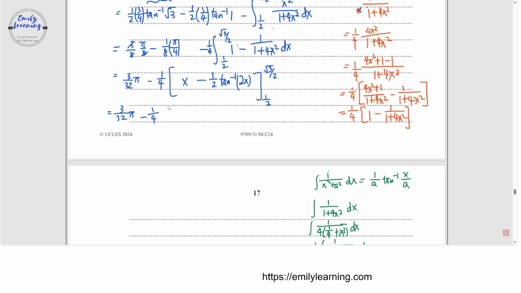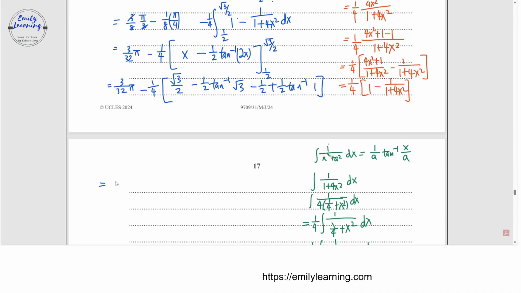Let's sub in the values now. So I have root 3 over 2 minus half tangent inverse root 3 minus half plus half tangent inverse 1. Okay. So let me expand everything out.